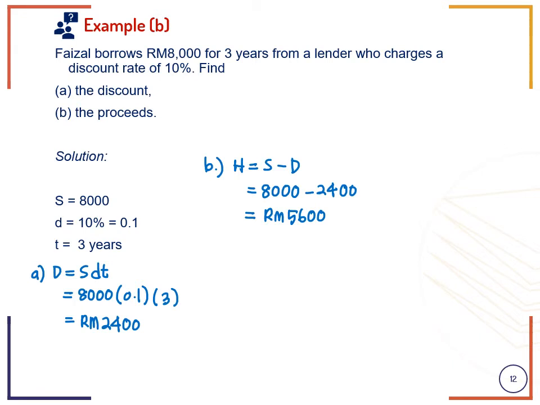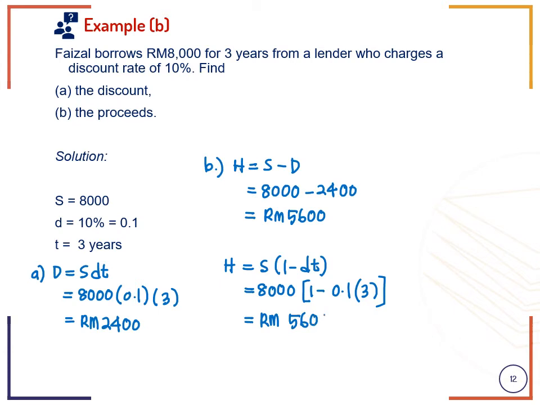Or alternatively, you can use the formula H equal to S(1 minus dt), where S equal to 8,000, d equal to 0.1, and T equal to 3 years. Therefore, the proceeds are equal to 5,600.